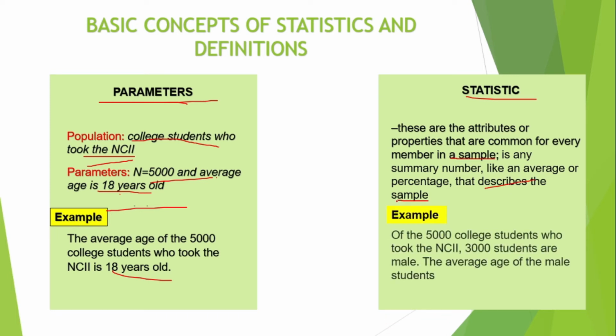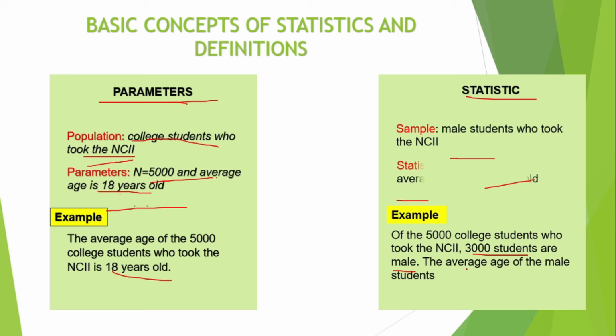So example, of the 5,000 college students who took the NC2, 3,000 students are male. Therefore, the average age of the male students is 17 years old.